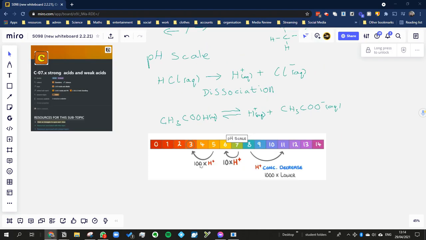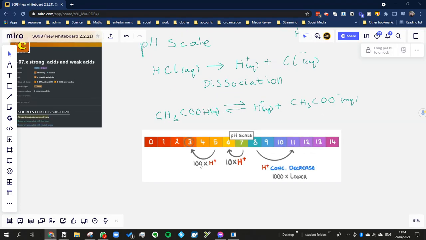So let's briefly introduce the pH scale and how this relates to what we've looked at there. pH represents the concentration of hydrogen ions, or protons. So you could change the concentration of a weak or strong acid, and that would change the pH.